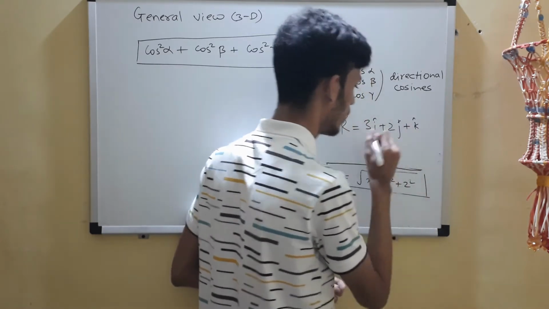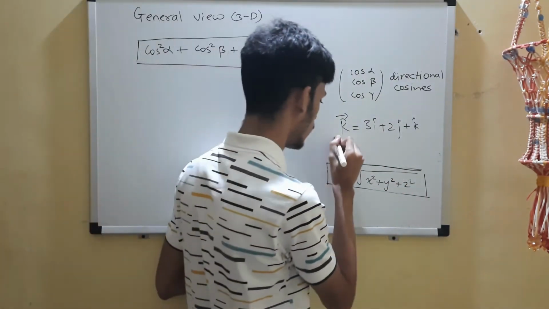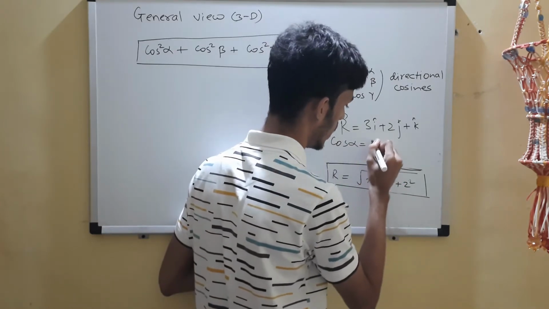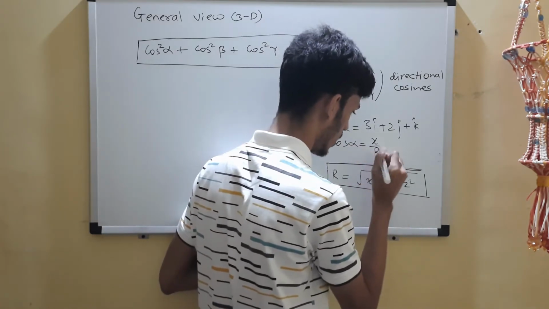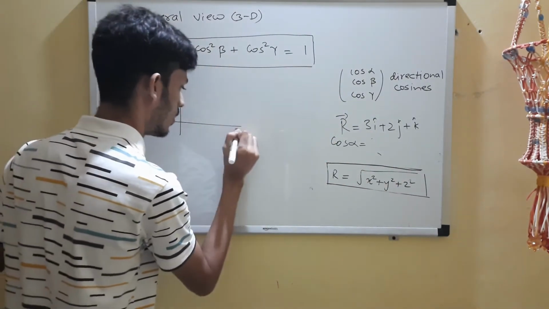Okay, 3i cap plus 2j cap plus 1k cap. Now they'll directly ask you for cos alpha and all. Cos alpha will be x by r. You remember that? Let's draw it again.